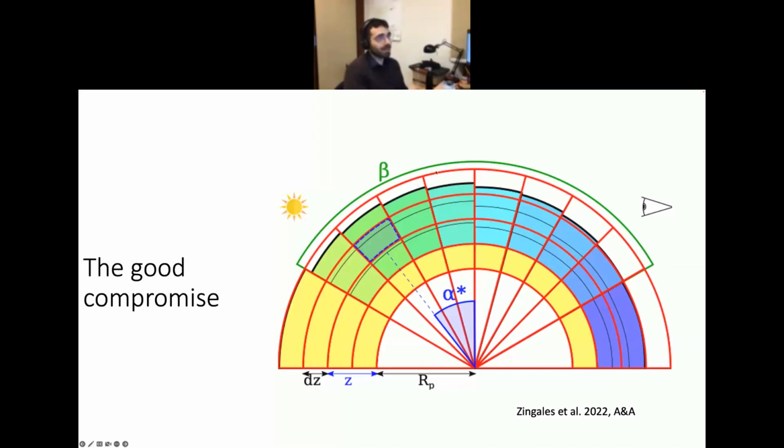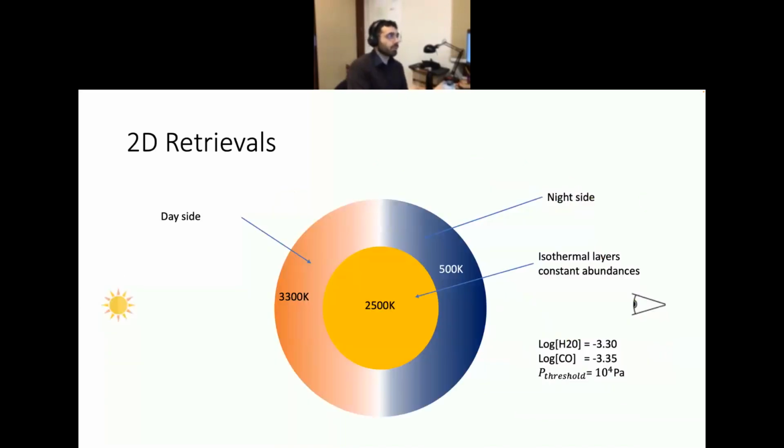So we implemented this geometry within TauREx, and we performed a few retrieval tests. We used as a benchmark a synthetic three-dimensional model of a planet like WASP-121b using a GCM.